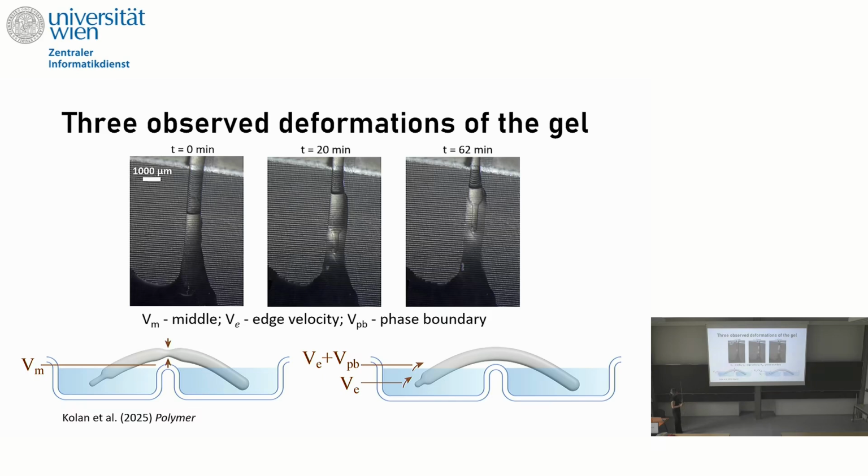So the velocities are Vm for middle, Ve for edge, and Vpb for phase boundary. The analysis was done using an object detection algorithm that enveloped a rectangle around the collapsed phase of the gel, and the output was the coordinates of the phase boundary, the collapsed phase.